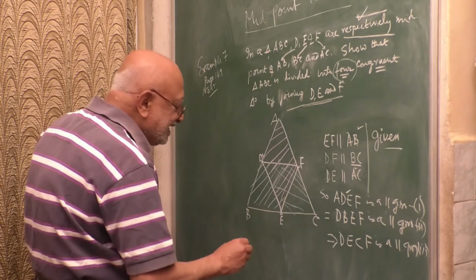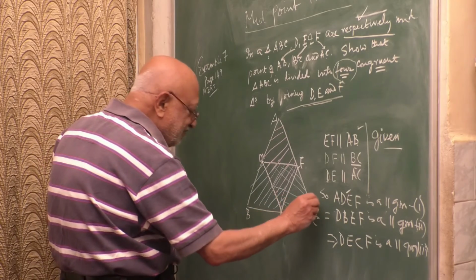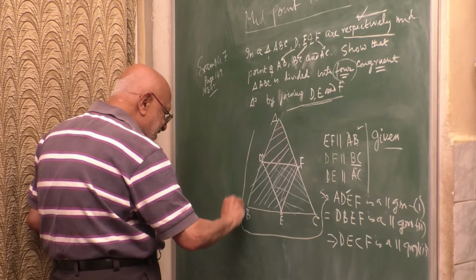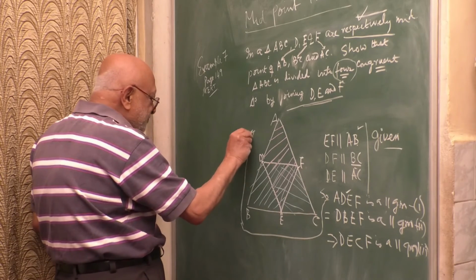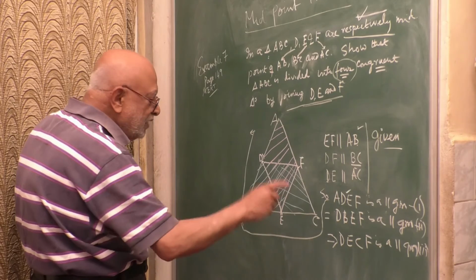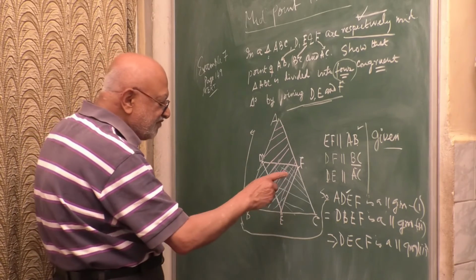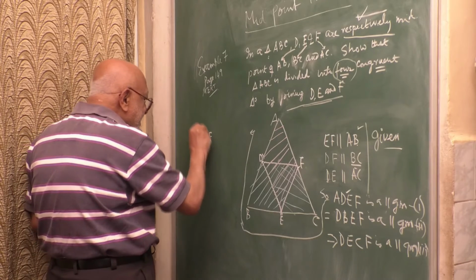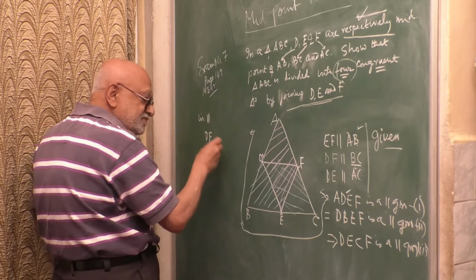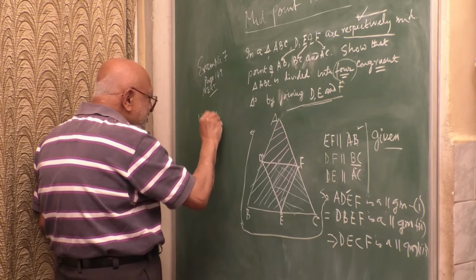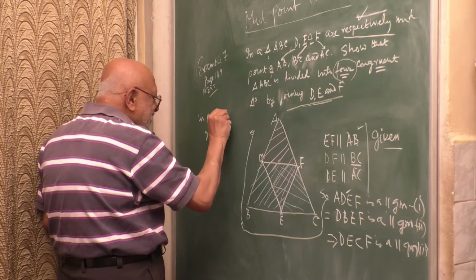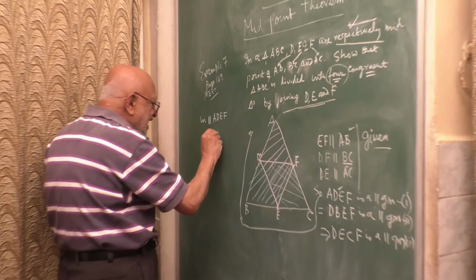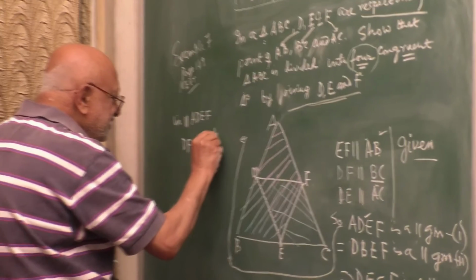So if I take ADEF as a parallelogram, let me come to this side here, because there is a lot of space here, otherwise I have to go down. In parallelogram ADEF, you have DF as a diagonal.